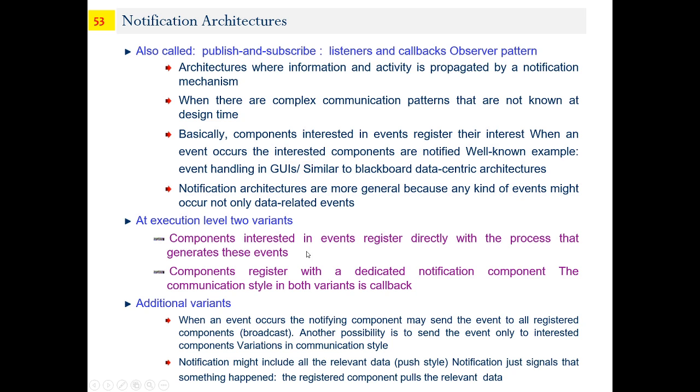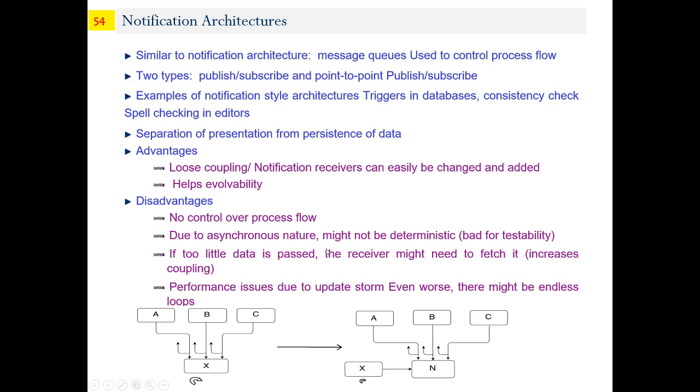Components interested in events register directly with a process. Components register with a dedicated notification component on request. So you can broadcast, or otherwise you can have a separate push-pull cycle for yourself in the case of notification architecture, publish and subscribe.